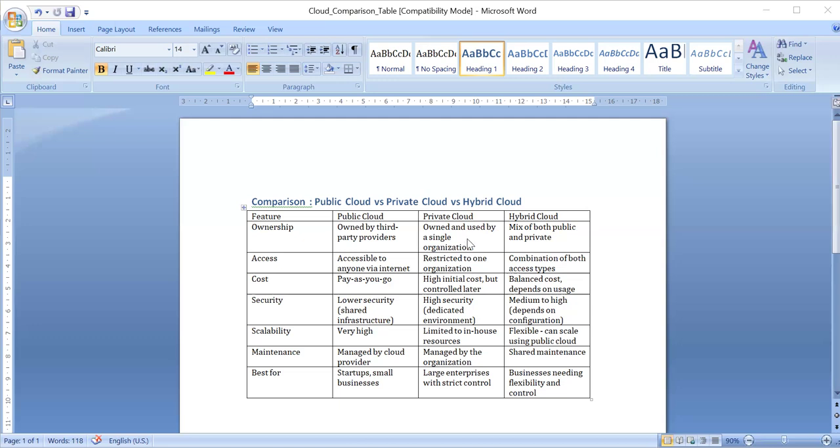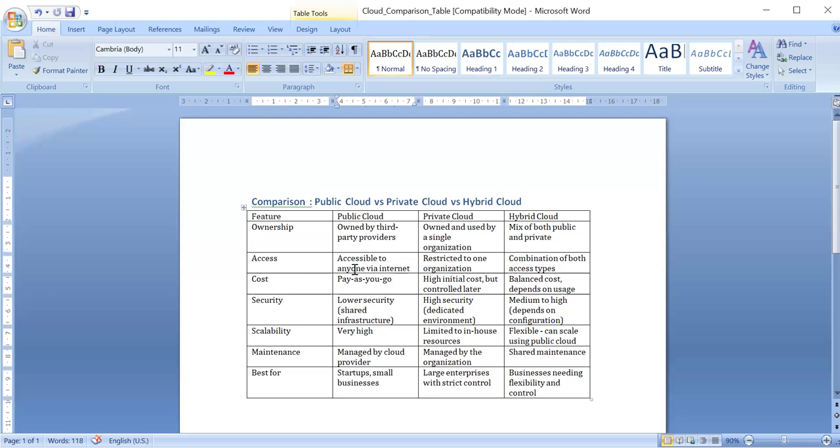Everything is private for you. That is called a private cloud. And hybrid cloud is a mix of both public and private cloud. Some services run on your own servers, and that is private, and others run on third party servers, that is public. So it is a combination of both public and private.